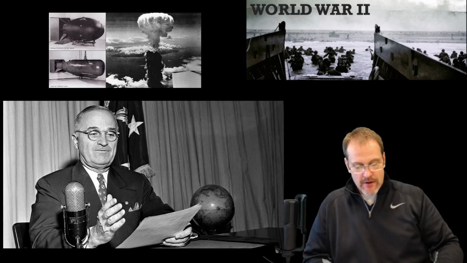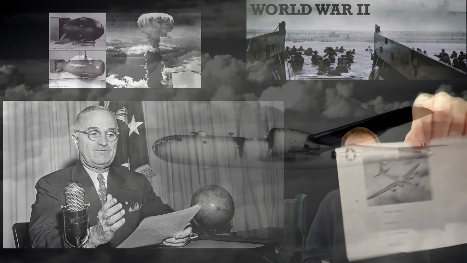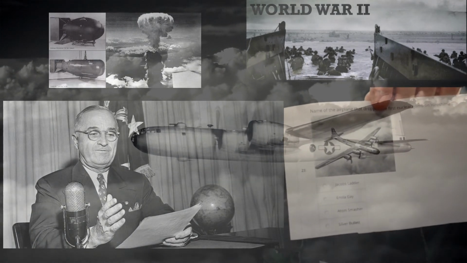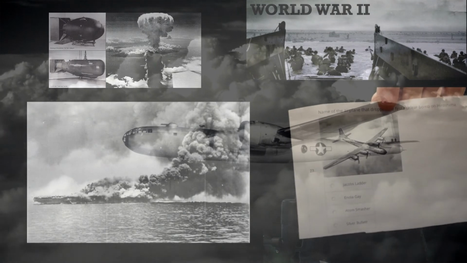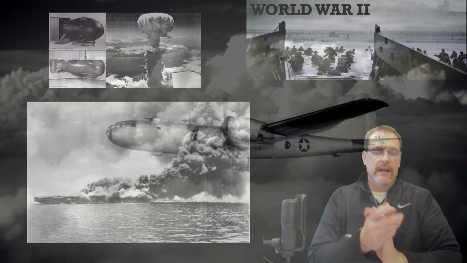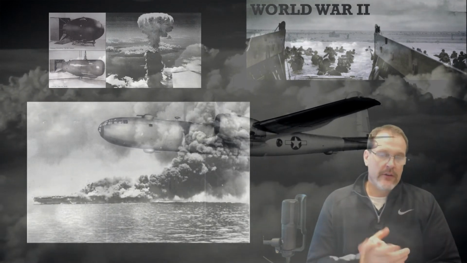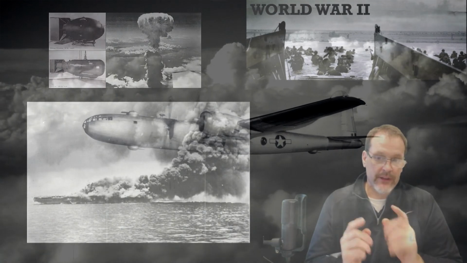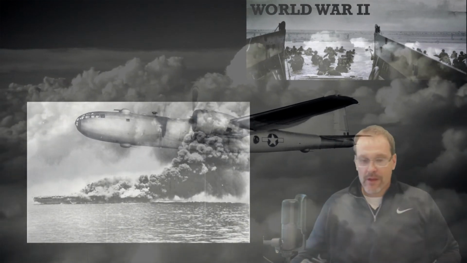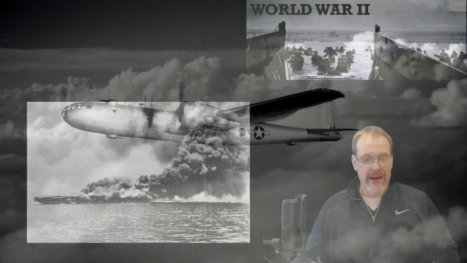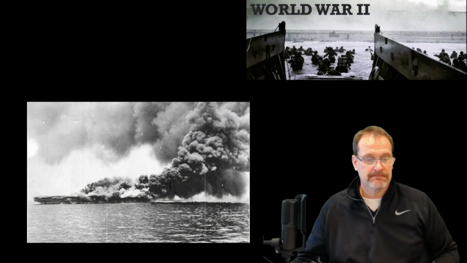The name of the aircraft and the type of aircraft that was used to drop the bomb was this B-29. And this one was named the Enola Gay. The Enola Gay was a B-29 Superfortress, and this type of aircraft was new, and actually more money was spent in development of it than the actual Manhattan Project, which made the bomb.